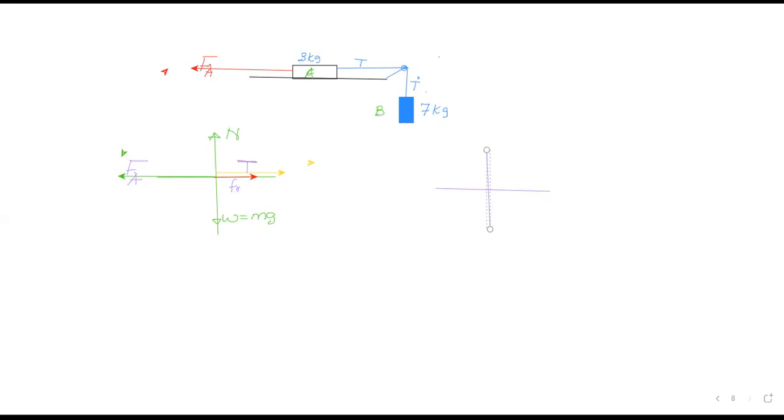The nice part about body B is that it will only experience the tension and the weight.